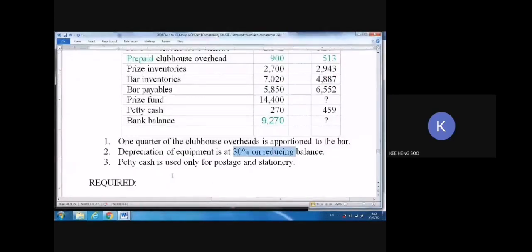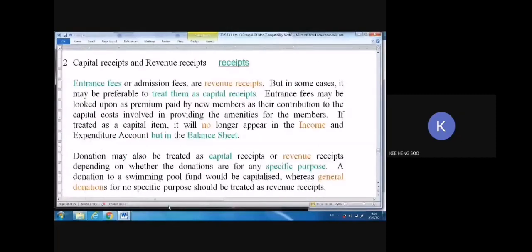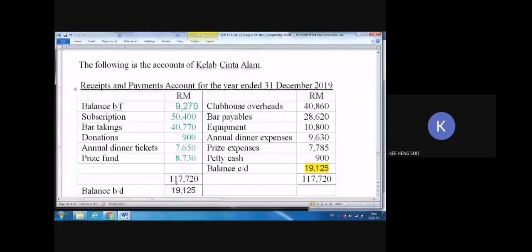Petty cash is only used for postage and stationery. So how come postage and stationery is a negative figure? Can you see that? The opening figure for 2018 is smaller than 2019. This is the one I mentioned just now. Do you see the petty cash here?